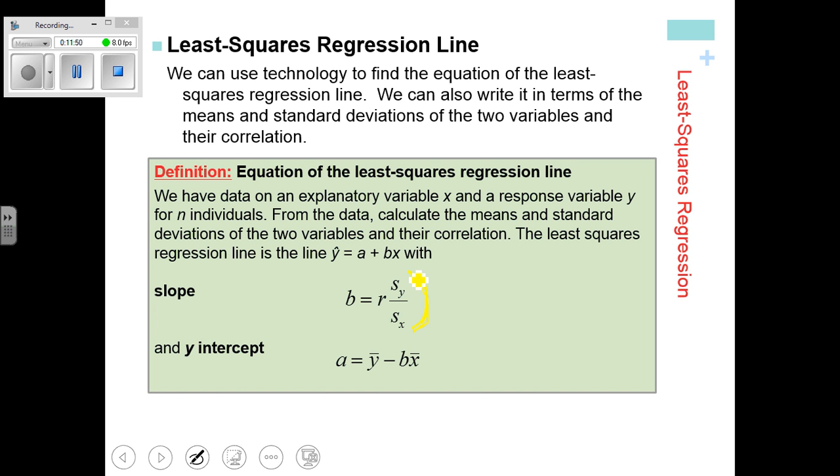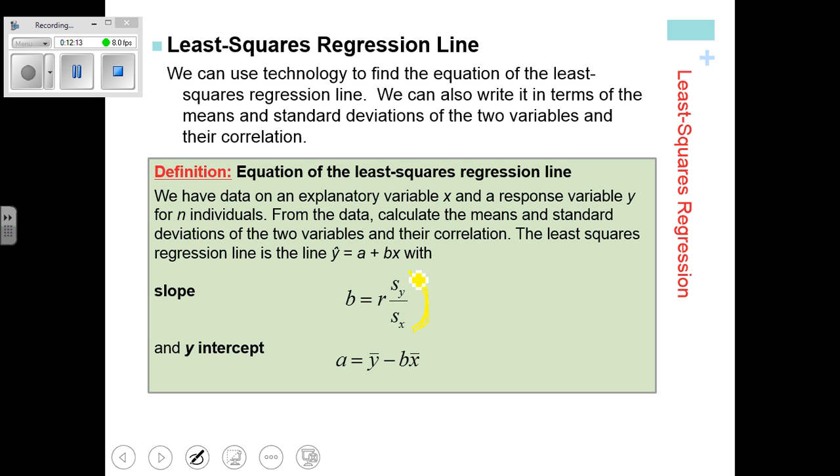It's on your formula sheet. It's probably the formula that you will refer to most on your formula sheet that you'll actually use. And its slope equals the correlation r times the standard deviation of y divided by the standard deviation of x. That's how you could find slope if you aren't given it.